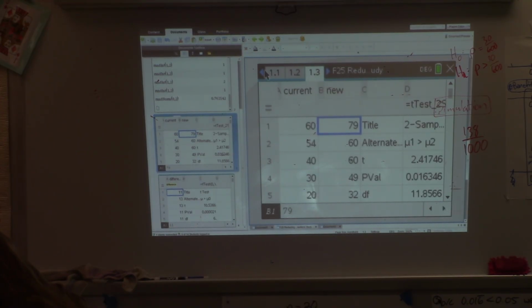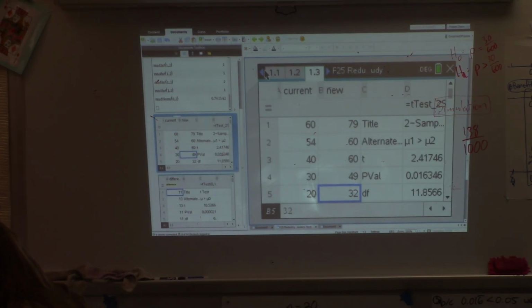Wait, Sophie, why was it so hard? Mine disappeared as soon as I put it in. No, this is just too slow. You go back to your current and your new. You might have your data in there already.